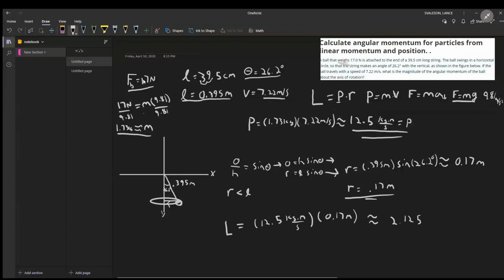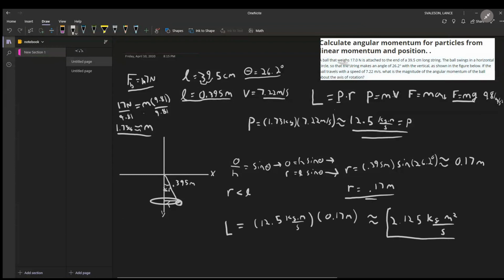Please use a scientific or graphing calculator when doing this. I'm using my phone calculator, and it's really complicated. But the units are going to be kilograms times meters squared per second. That is the total angular momentum.